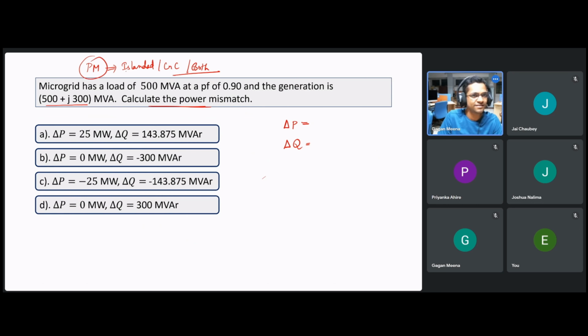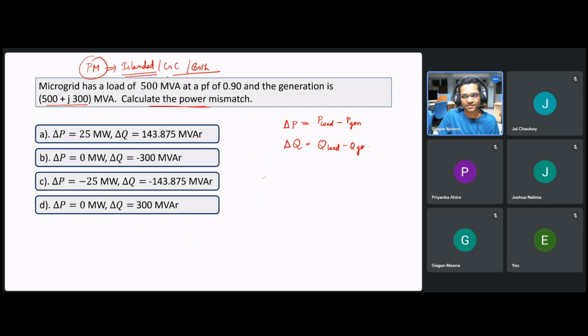Okay, then this power mismatch will only be there in islanded mode, because in grid connected mode the load is supplied by the generator inside the microgrid as well as the main grid. So power mismatch occurs when there is an imbalance between load and generation, and this equals P load minus P generation.